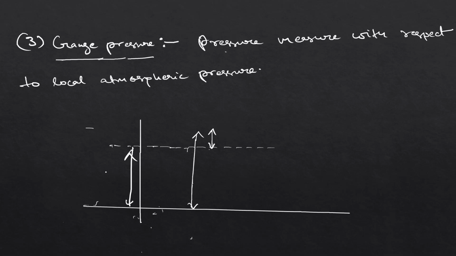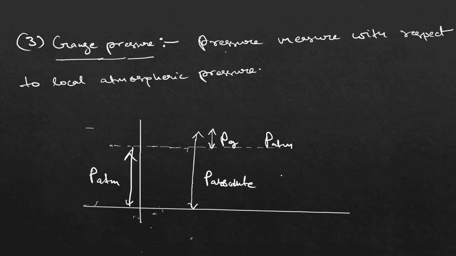This much is the gauge pressure, and this big line is P absolute, and this line is the P atm line.